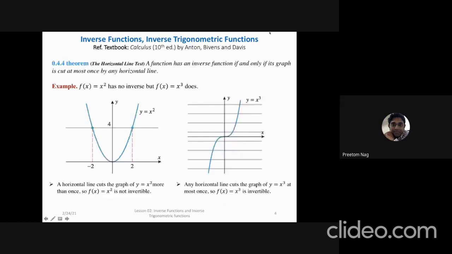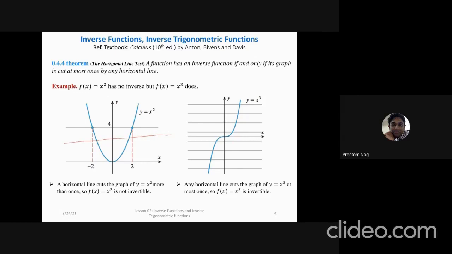Yes, sir. The next one is a theorem: a function will have its inverse function if and only if it passes the horizontal line test. What is the horizontal line test? Suppose you have the graph y equal to x square. If I draw a horizontal line and it cuts the graph at more than 1 point, then the graph will never have an inverse graph.